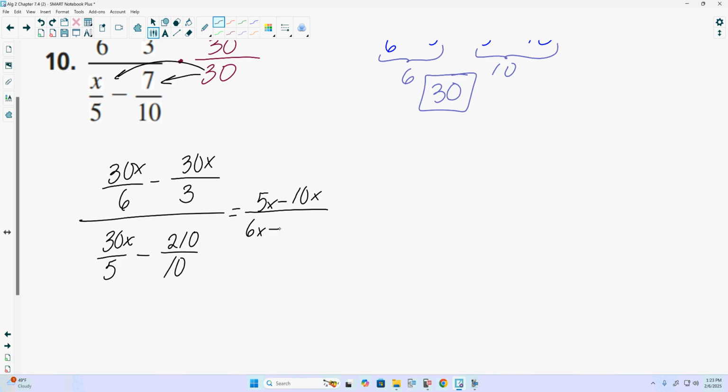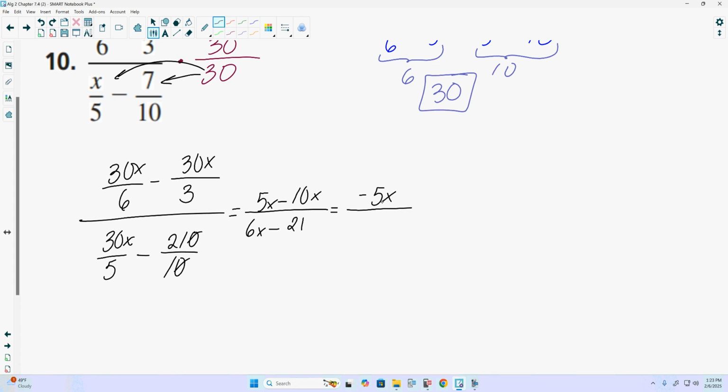Would not be 11. 21. Now we can simplify the numerator, because 5x minus 10x is what? Focus in, guys. Negative 5x.